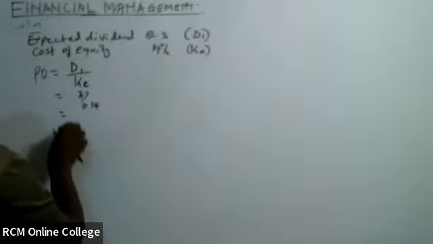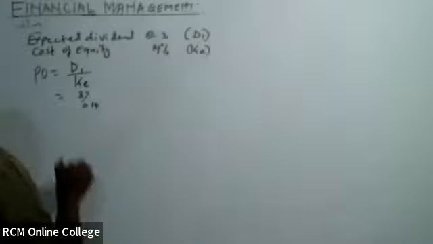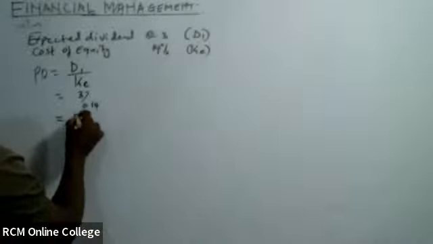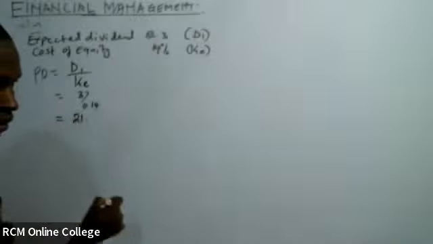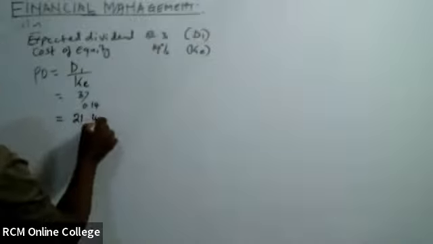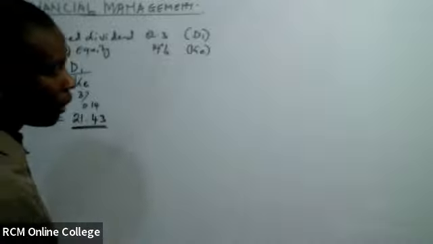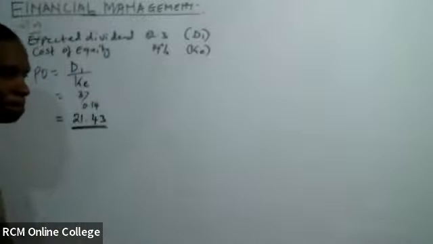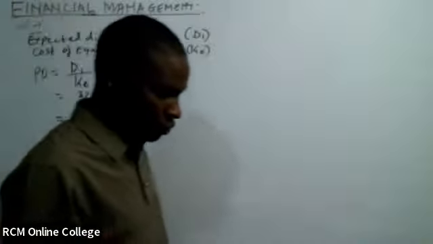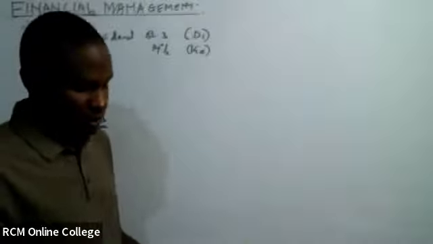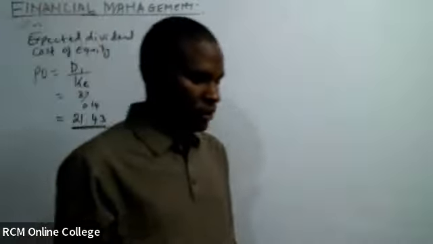Result yangu itakuwa ngapi? 21.43 shillings. So my result is 21.43 shillings. That is my intrinsic value.